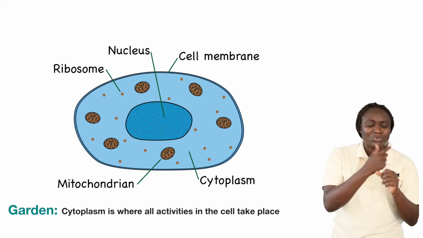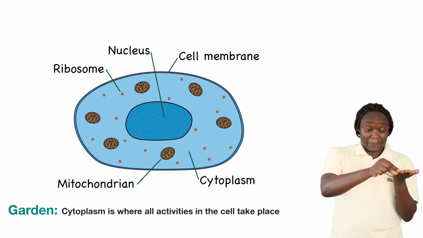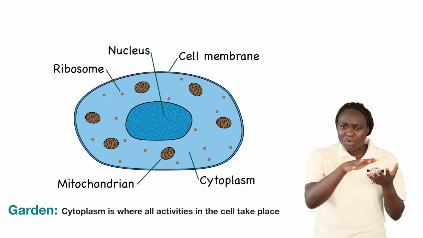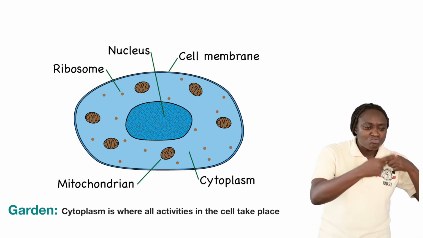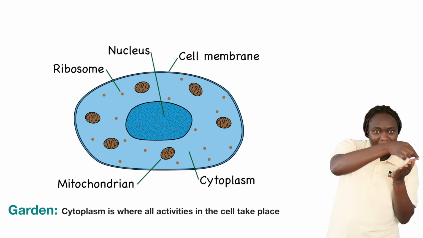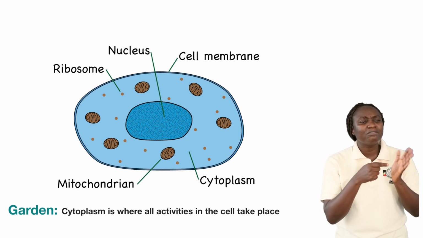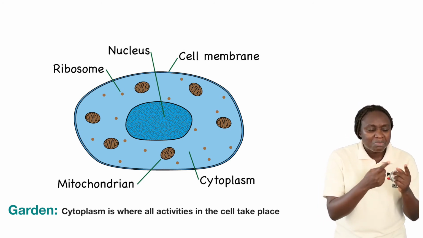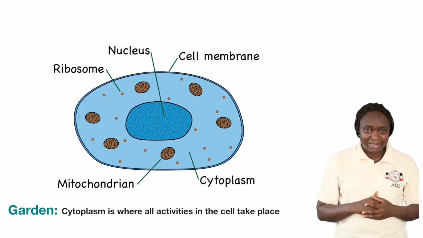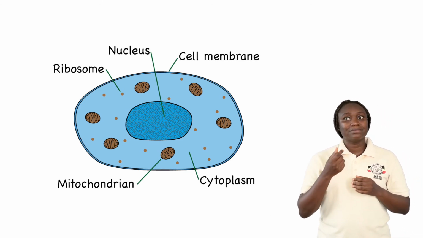The cytoplasm is where all the activities that take place in the cell take place. And what could those activities be? We will get to that just in the next, after understanding the next part of the animal cell.